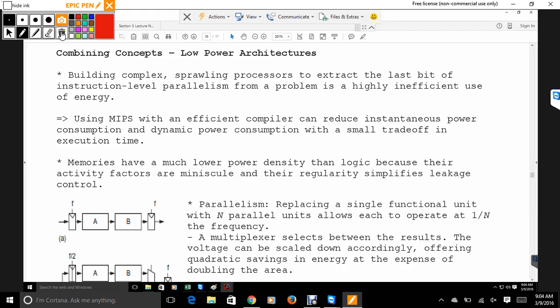So what ties into power? Well, what's your power equation? Dynamic power equation. I've said this equation about 100 times in class. That's energy.